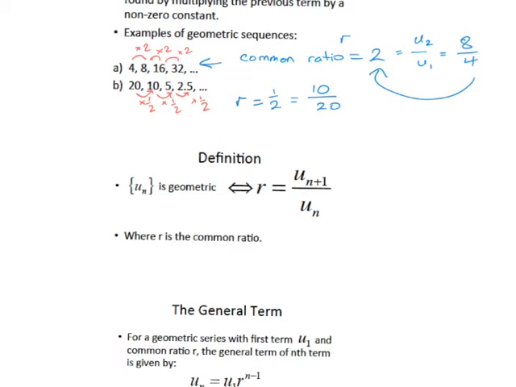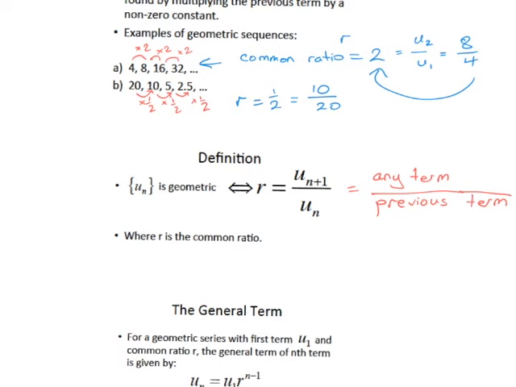All right, so here's the definition. U N, again with those curly brackets, says it's a sequence. If the sequence of U N is geometric, then R is U N plus 1 over U N. In other words, that equals any term divided by the previous term. So instead of minusing like last time with arithmetic, we're dividing.